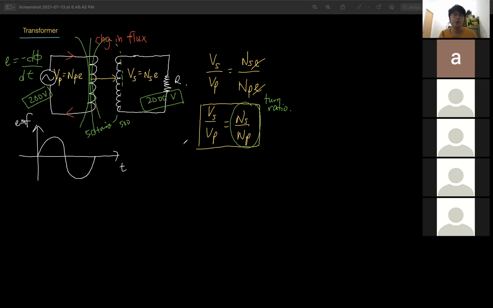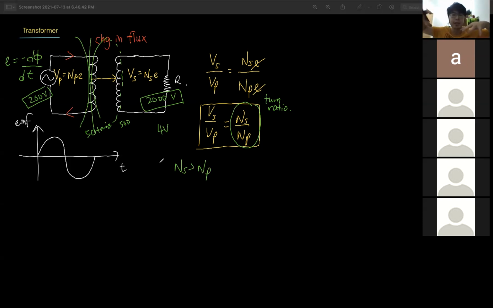Similarly, if you want to charge your phone at 4 volt, what happens? You want to decrease, because initially it's 200, down to 4 volt. Then you use smaller turns. Now, if NS, the secondary, is more than NP, then I'm increasing the voltage.